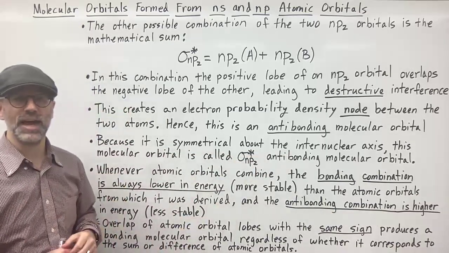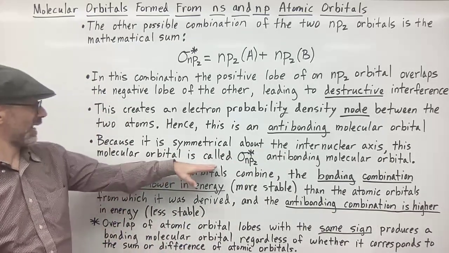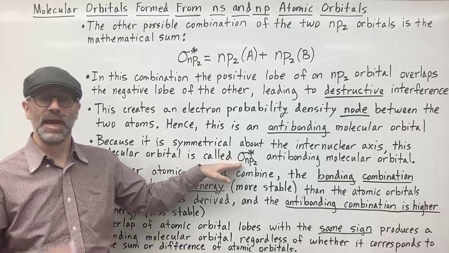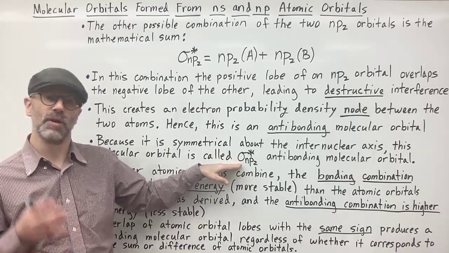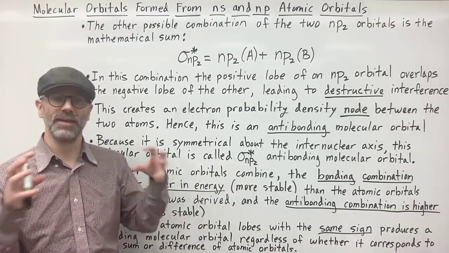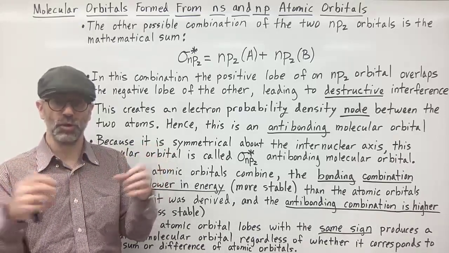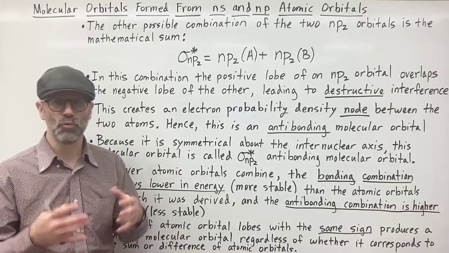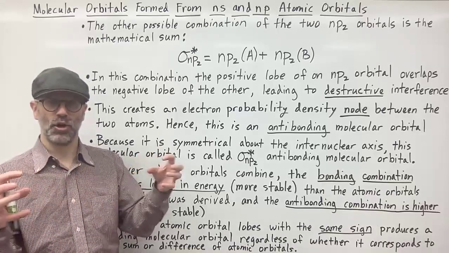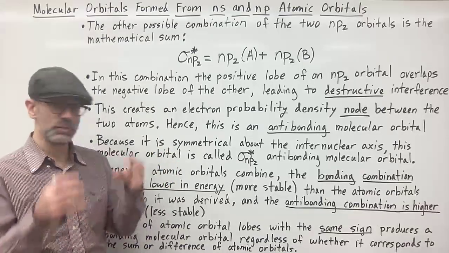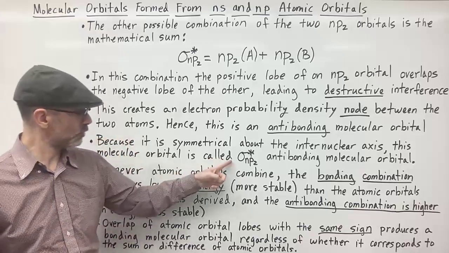And so because of that, it's going to be called a sigma orbital. And so sigma, again, refers to the fact that the electron density due to the molecular orbital is symmetrical around the internuclear axis, or about the internuclear axis between the two atoms. So that's what the sigma means.